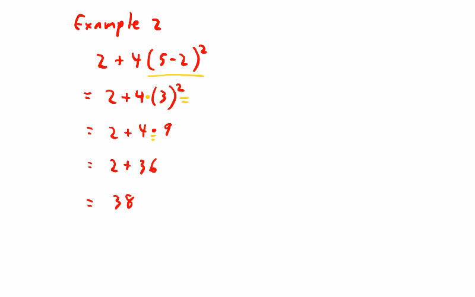Now I'm going to give you a couple of example or practice problems. What would be wise to do is to look at the problem, get out a piece of paper, see if you can do it on your own, and then pause the video after I write down the problem, and then work it out.